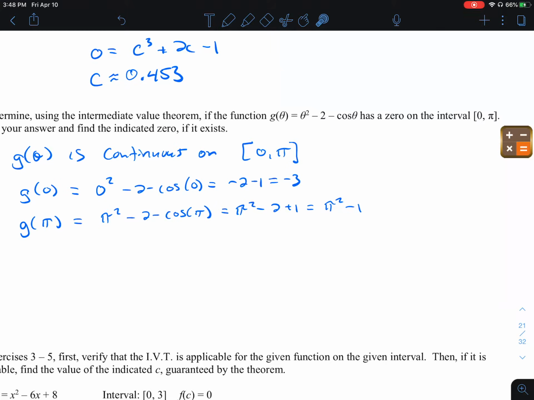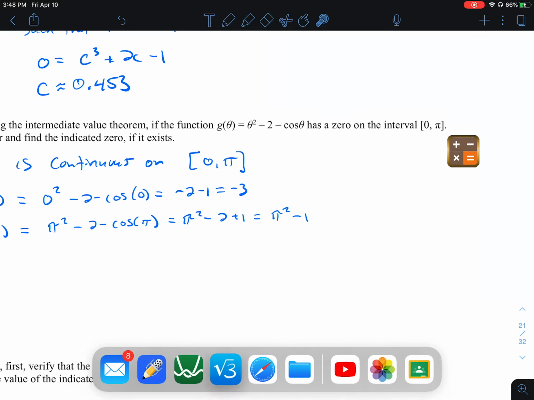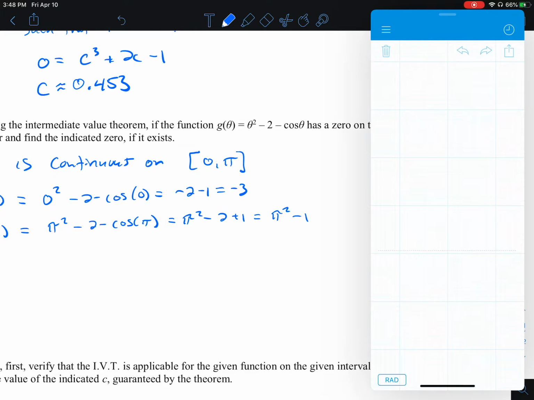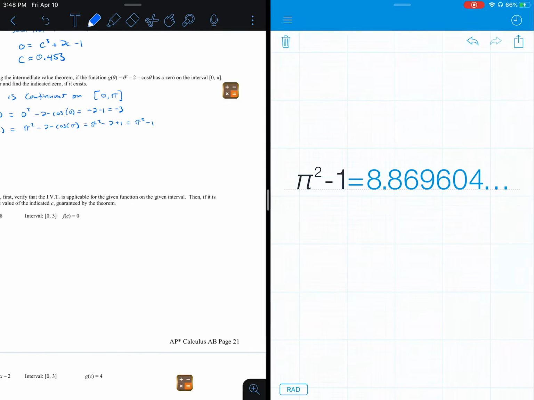The number 0 is between negative 3 and whatever this is. We could figure out what that number is if we wanted to a certain number of decimal places. We're going to round to 3 decimal places in AP Calculus. So if you wanted to know what that is, it's 8.870, looks like.